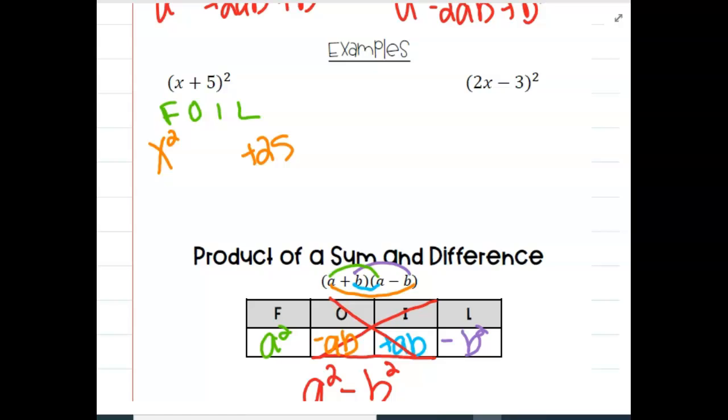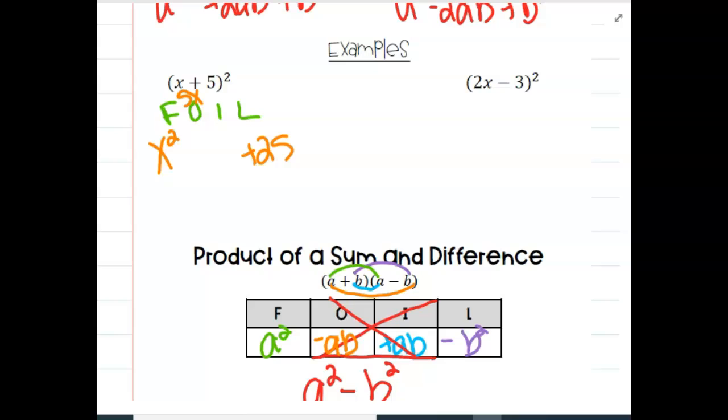The F and the L usually go okay. The O and the I are where it gets tricky, okay? We're not going to write it out, but I want you to visualize if you were to write it out. The O would be x plus 5 times x plus 5, right? You'd be taking x times 5. But guess what? It's just those numbers. So to find the O, you would just take x times 5, which is a 5x.